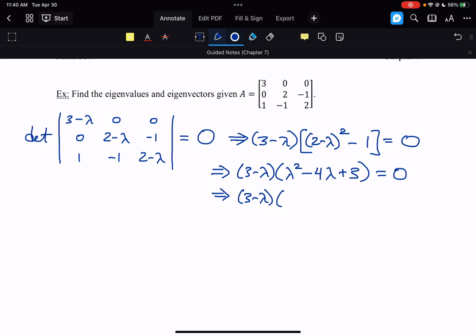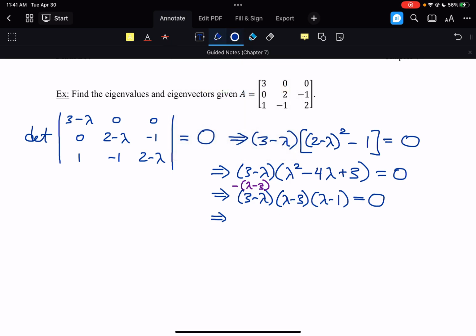This one does factor as lambda minus 3 and lambda minus 1 equals 0. Notice these two, if you were to take out a negative from this, would give you lambda minus 3 also.